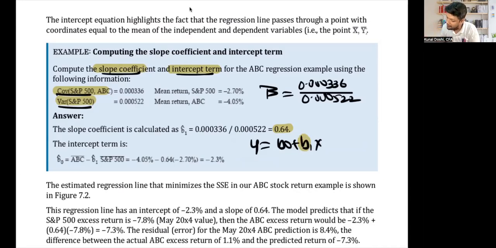In order to find B0, rearrange everything, so it will be Y minus B1 into X. Now, what is your return on Y? They have said the mean return on the stock is minus 0.45. So you can use Y as minus 0.45 and X as minus 2.7.